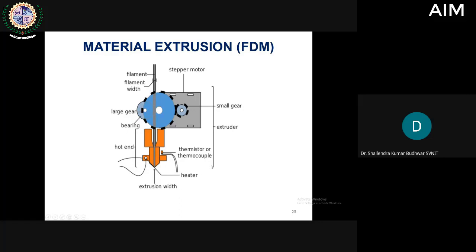After making one layer, either the build platform moves downward equal to one layer thickness, or the extruder moves upward equal to one layer thickness. So here these layers are fused together upon deposition as the material is in a melted state. After solidification of this material, you will get a solidified layer, and then layer by layer the complete 3D part is fabricated.